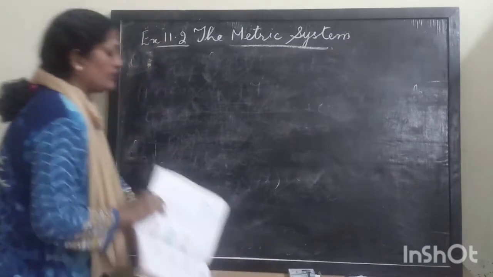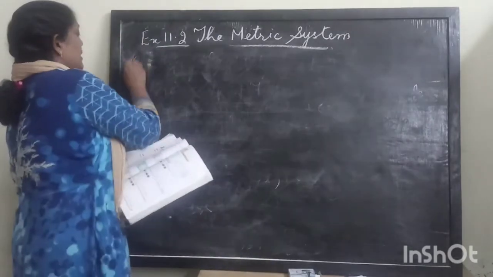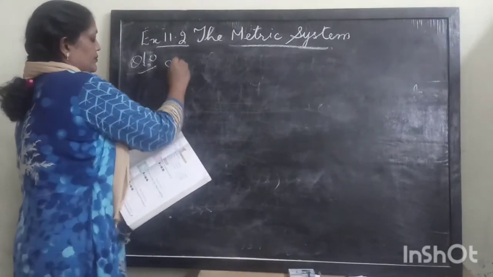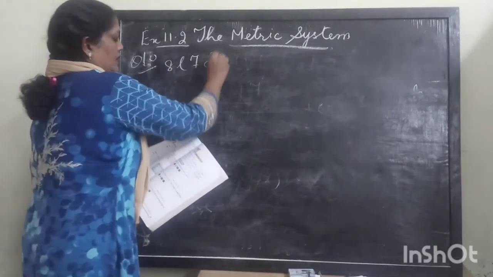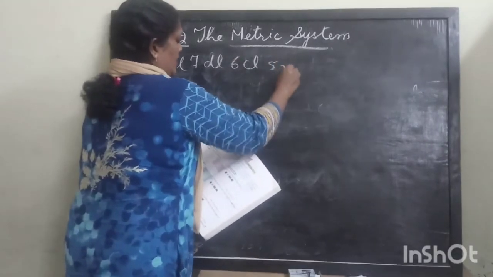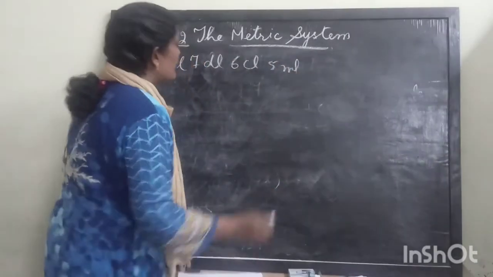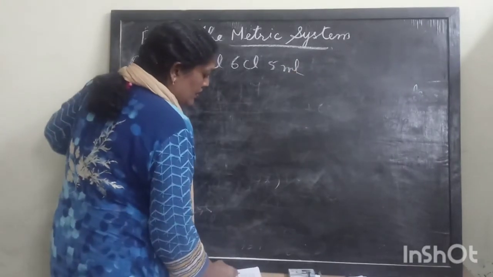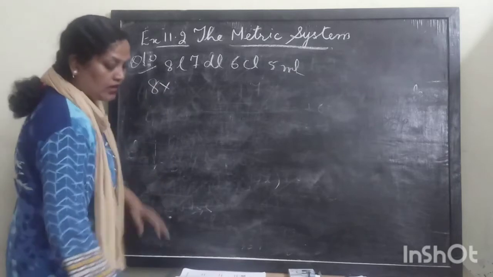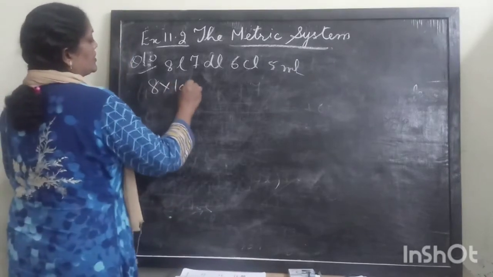Now come to the 10th question. Convert into milliliters. That is 8 liters, 7 deciliters, 6 centiliters, 5 milliliters. Check the question. 1 liter is 1000 milliliters.